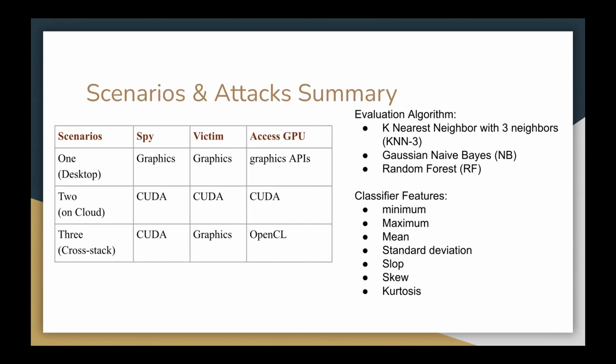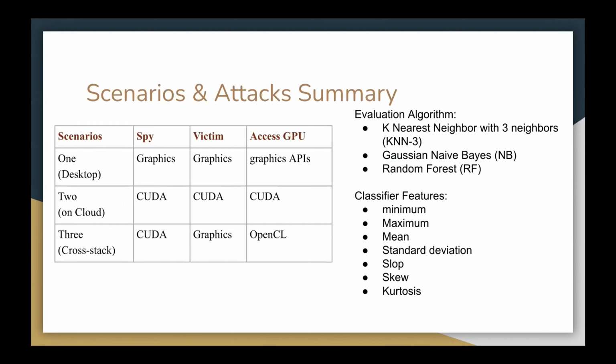There are mainly 3 evaluation algorithms used: KNN, K nearest neighbors, with 3 neighbors, a Gaussian naive Bayes, and also random forest. There are different classifier features the author used in their experiment to achieve how these attacks can successfully attack it.